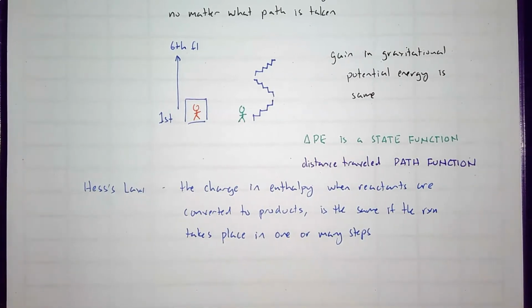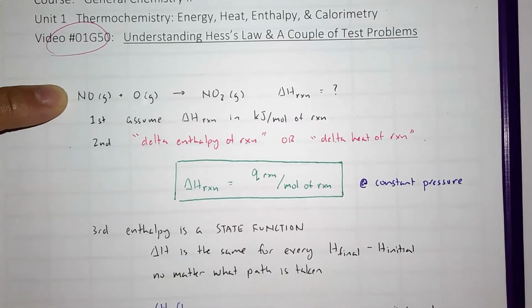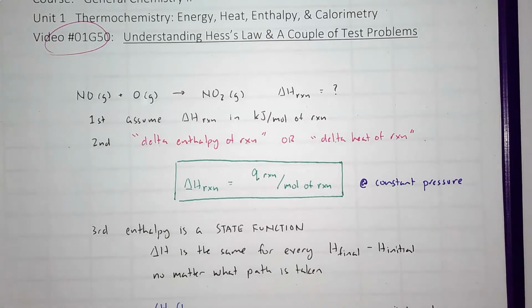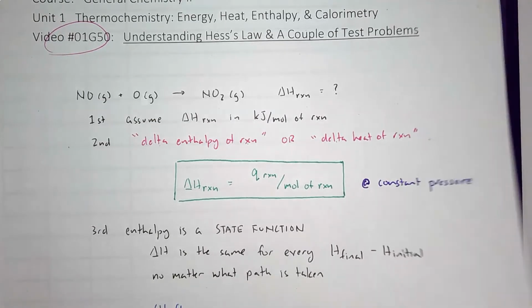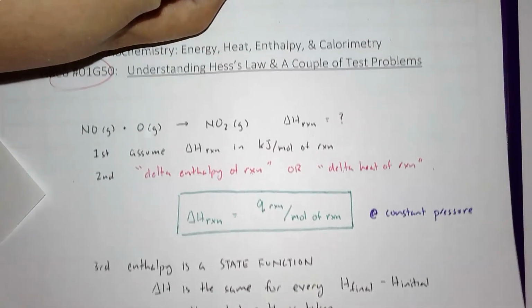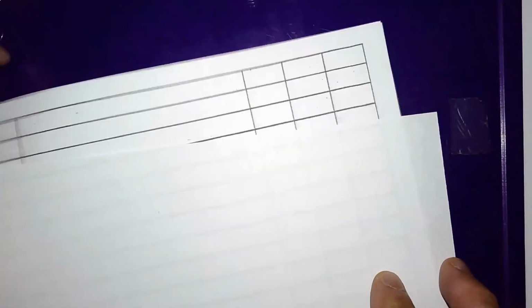How do we apply this in a problem? We are going to go back to our equation and try to figure out the delta H of reaction for that targeted equation based on several steps. Let me set up the problem one more time.